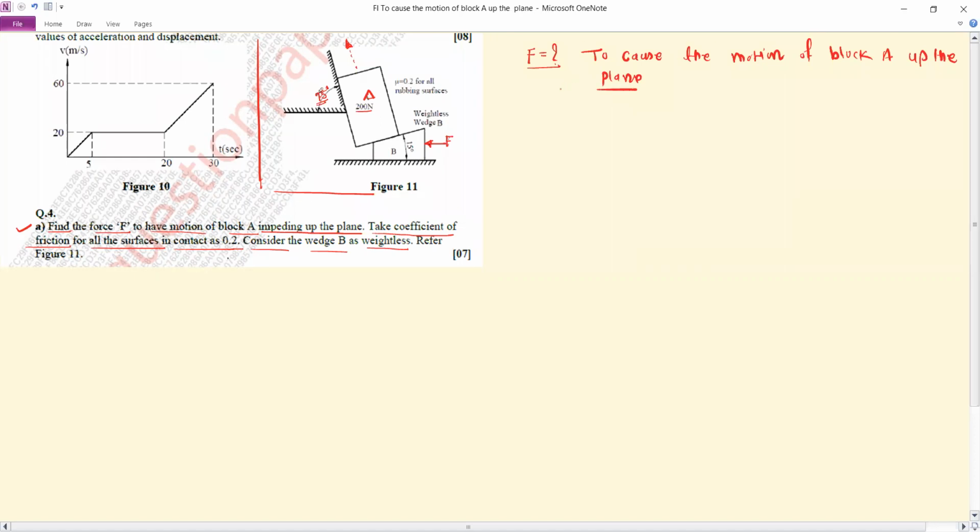To solve this problem, your first step will be to draw the free body diagram.